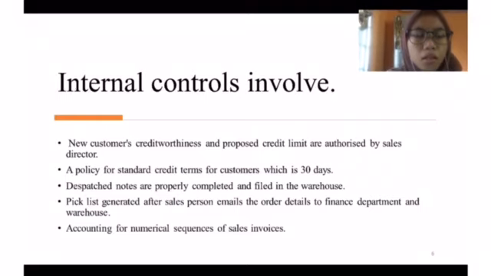Next one is dispatch notes are properly completed and filed in the warehouse. This control is to make sure that there is no error, or to reduce error, in dispatching the goods to the customer.